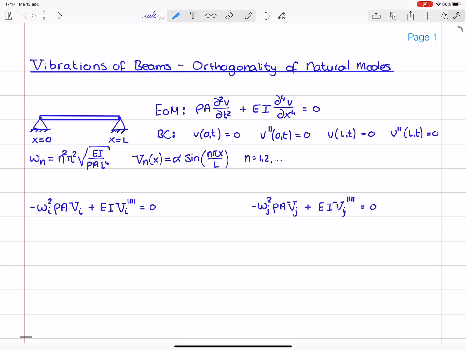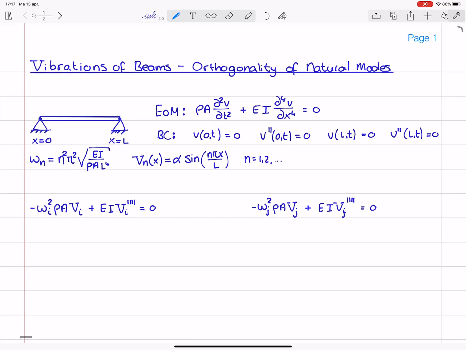Okay, let me now multiply the first equation by Vj, the second one by Vi, and I will integrate both along the entire length of the beam from 0 to L. So then we get minus omega i squared rho A integral from 0 to L Vj Vi dx plus EI times the integral from 0 to L Vj Vi fourth derivative dx.